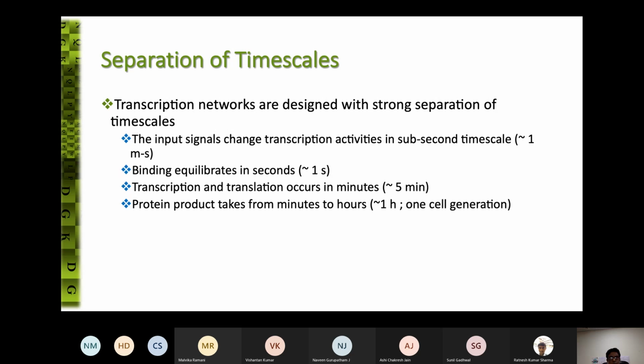All right. Now this is also a very important slide, and you have to keep in mind that there are time scales, and we'll see why these time scales are so important.